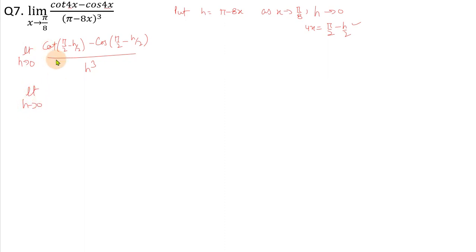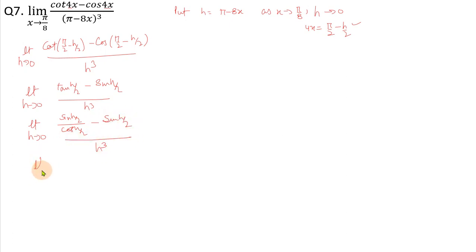So using trigonometric concepts, cot(90 minus h by 2) is tangent h by 2, minus sine h by 2, upon h cube. Simplifying this term, we can write tangent as sine by cos, that is sine h by 2 upon cos h by 2, upon h cube.